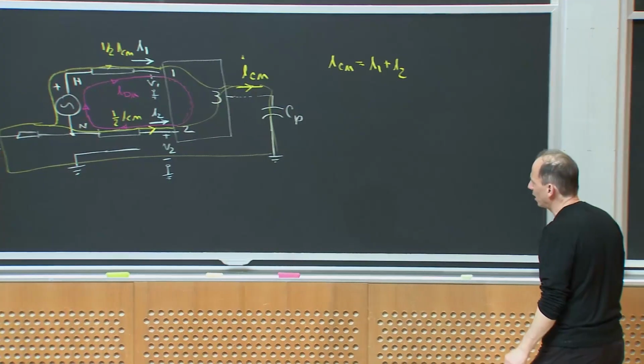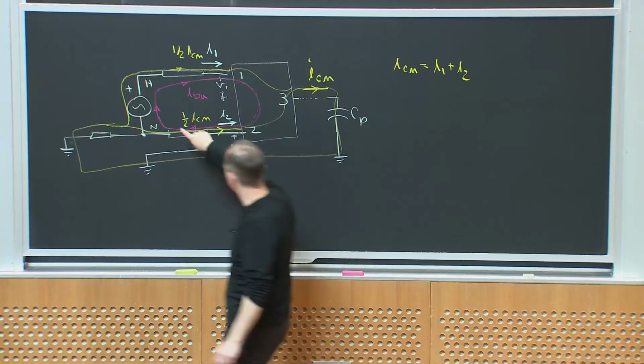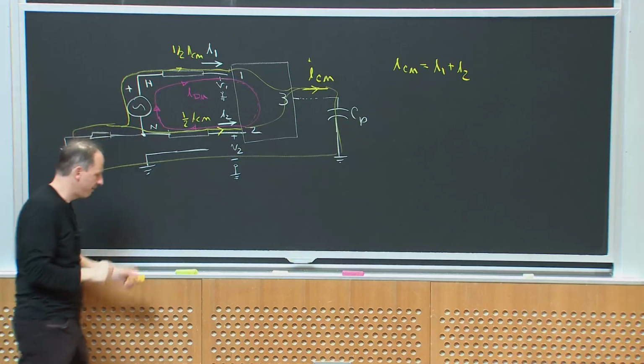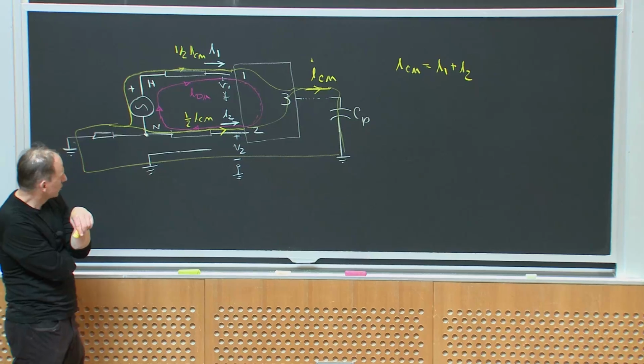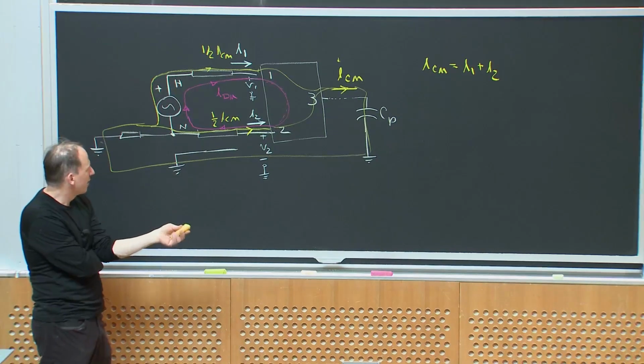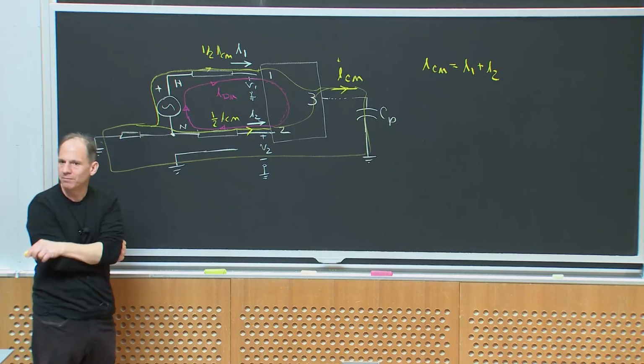Now I have to define the differential mode current. In the case when I didn't have ICM, the differential mode current would be: I1 would equal IDM and I2 would be equal to minus IDM.